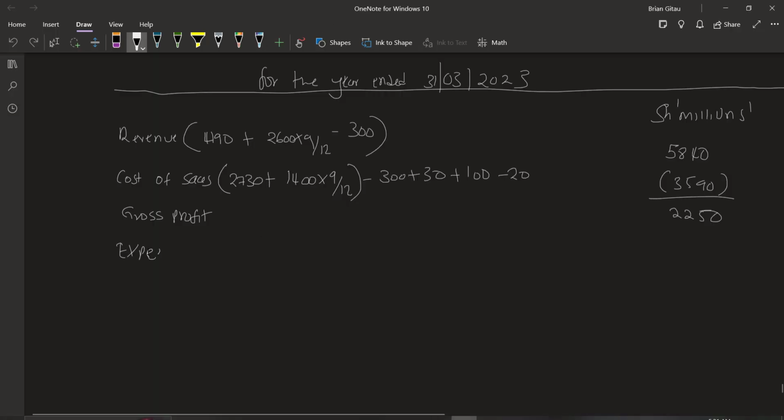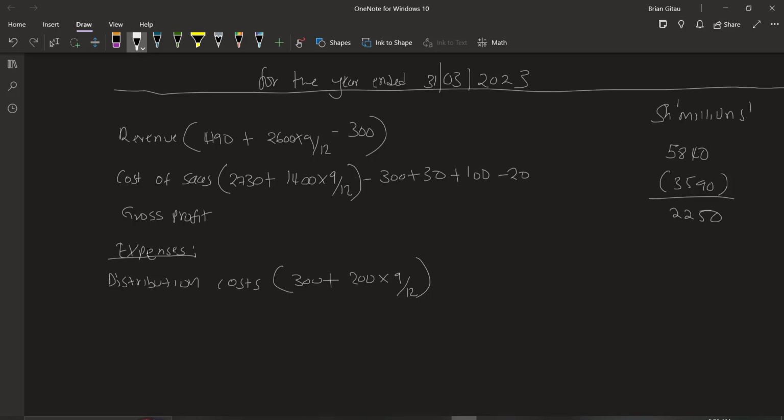On expenses we have distribution costs. So distribution costs we have 300 plus 200 times 9/12. This is giving me 450.